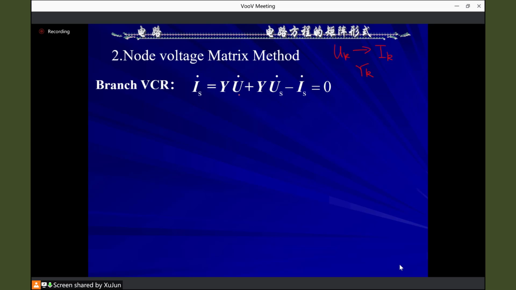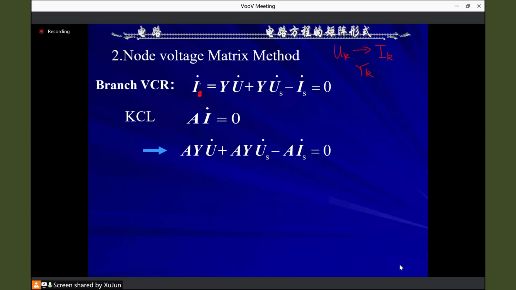For the branch we shall use U to express I. KCL: AI equal to 0, sorry, this should be I. This is the branch current, branch voltage source, current source.